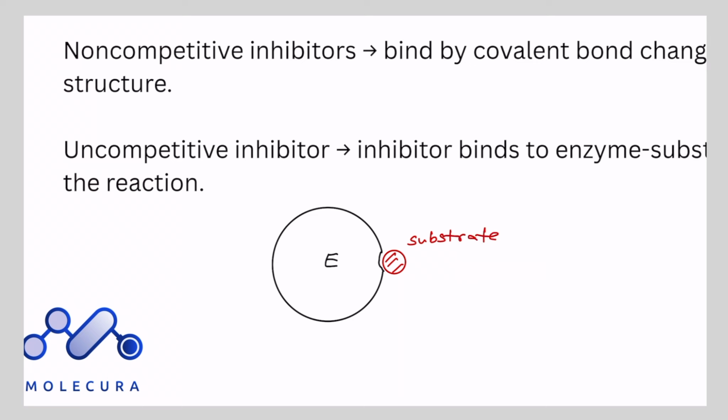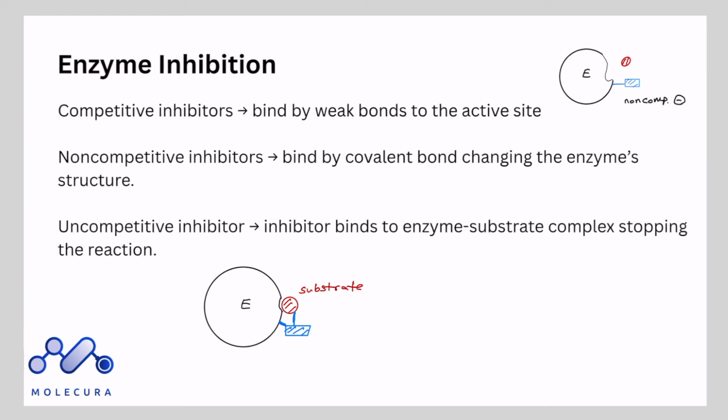But an uncompetitive inhibitor is going to come and it's going to get attached to this complex, and it's going to prevent the substrate from detaching from the enzyme, practically making this enzyme and this substrate useless for the cell. So this is called an uncompetitive inhibitor.